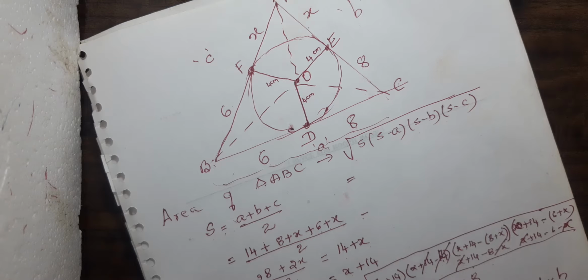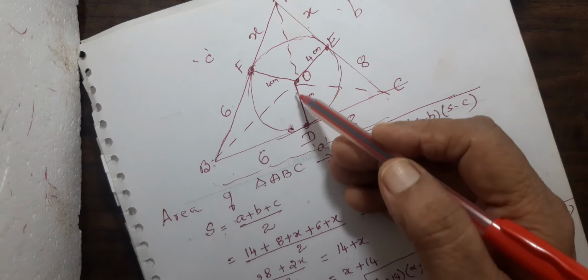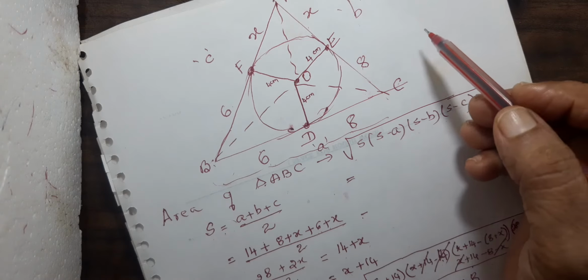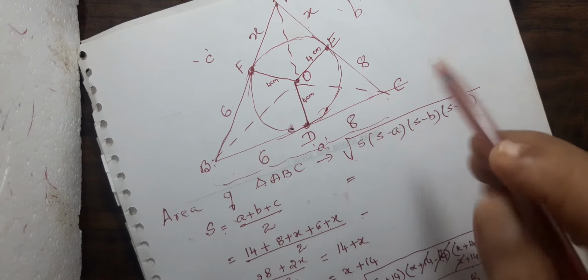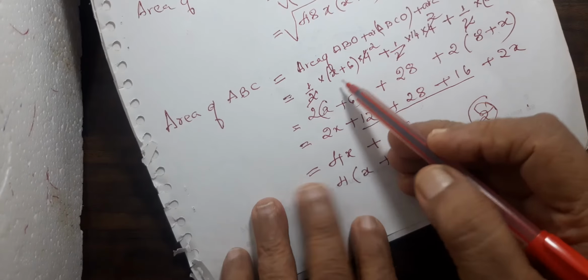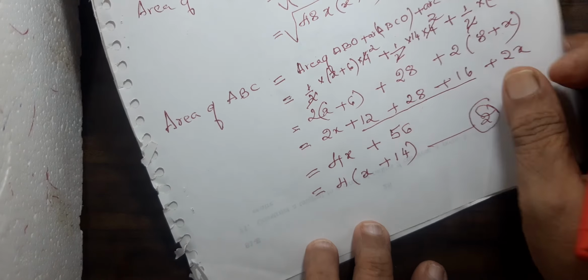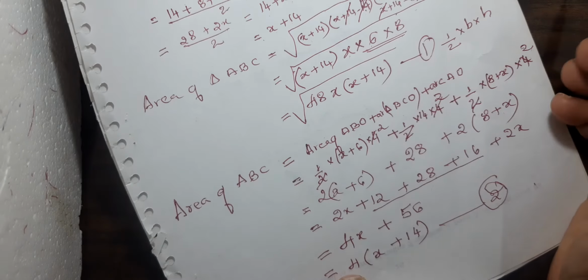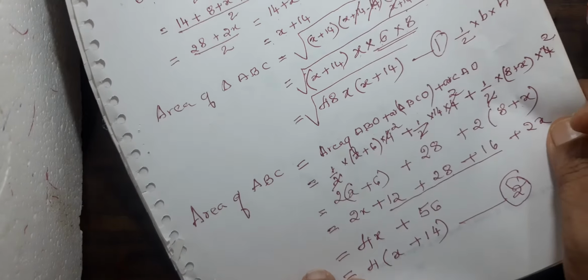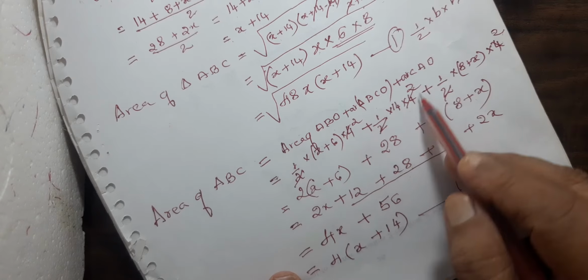The height is the inradius of the circle, the incenter, you know that. So half base into height, I have written here: area of triangle ABO plus area of triangle BCO plus area of triangle CAO.